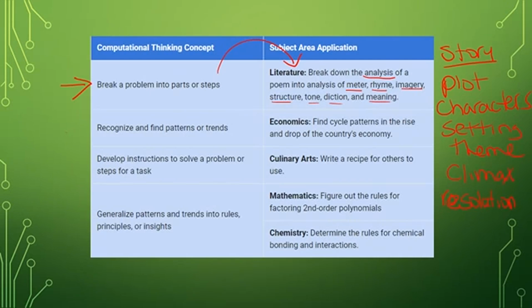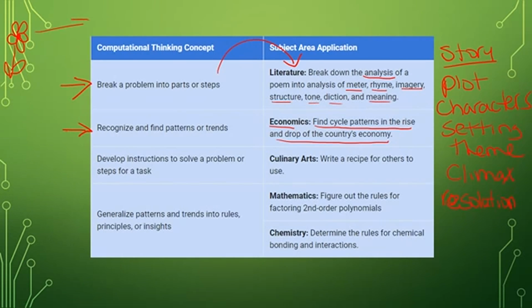When students learn how to recognize patterns, they are better equipped to find solutions to problems where similar problems have arisen before. For example, in economics, being able to find a cycle pattern in the rise and drop of the country's economy, or being able to see relationships between how plants grow. Your students might be doing an experiment where they're learning the best amount of water and sunlight required for a specific plant.